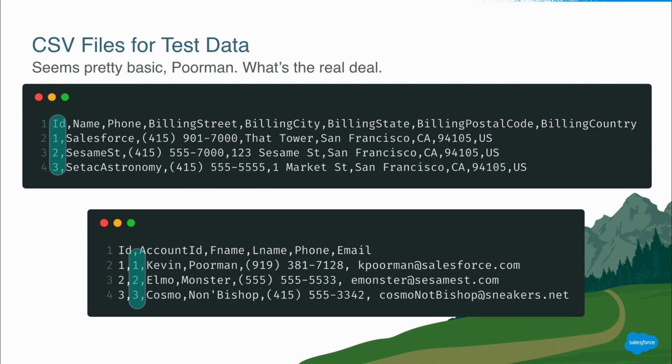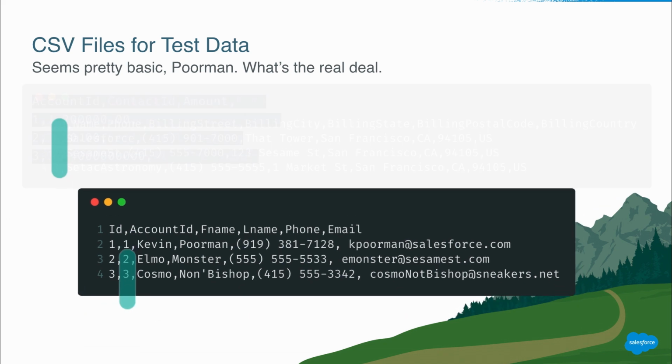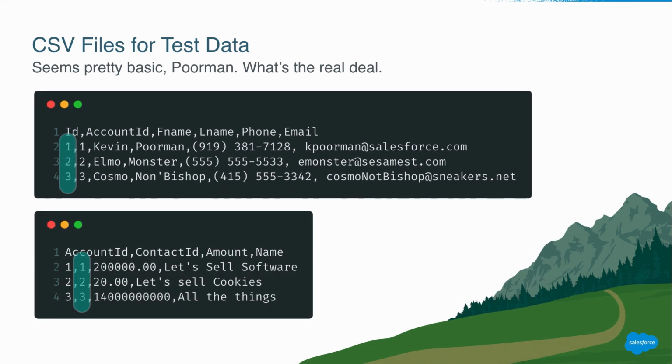That's pretty powerful. And you can go a lot further down the line with this. You can also do the contacts and then have associated opportunities, etc., associated with those contacts. So you can build complex data chains with your CSVs, load them automatically, and run off to the races with tests.